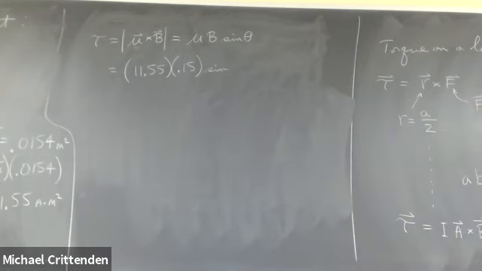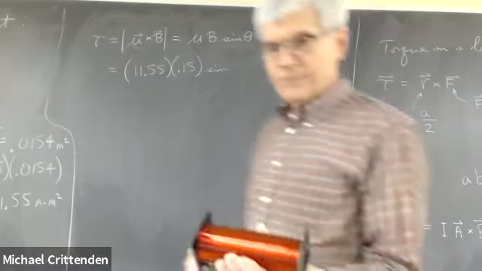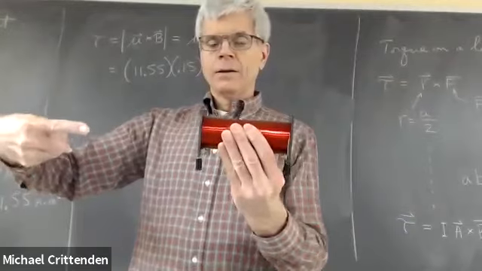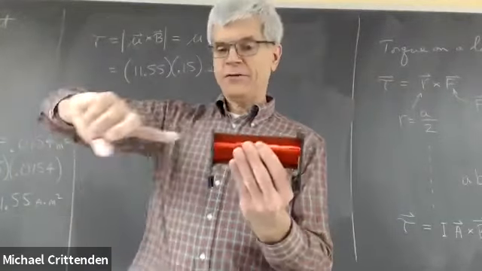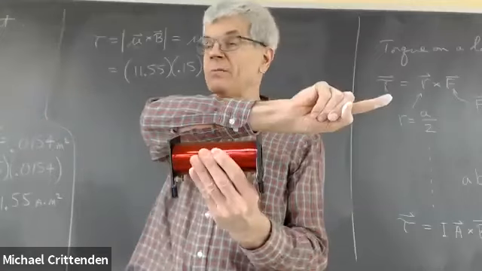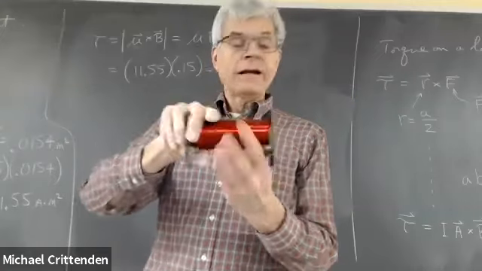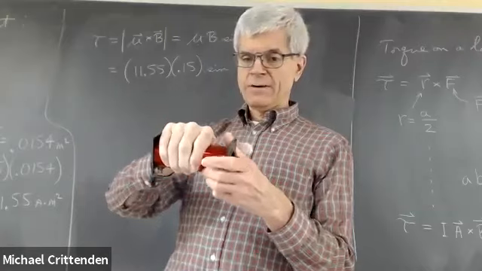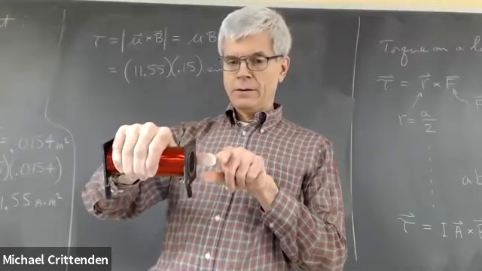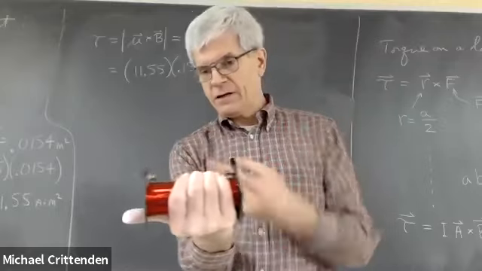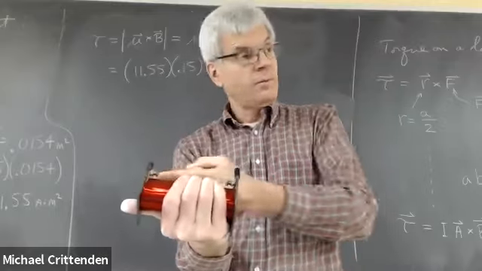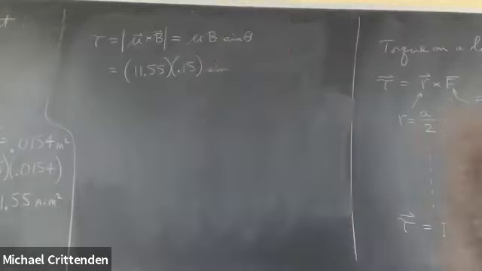So if you got this thing here, the magnetic moment is right along its axis. Just picture an arrow going right up the middle of this coil. Right-handed. If the current's going around that way, then the field is in that direction. If the current goes around the other way, then mu points that way.